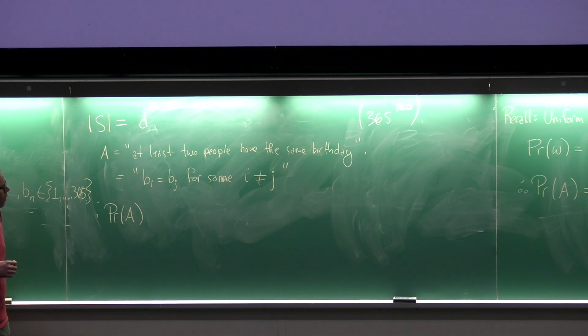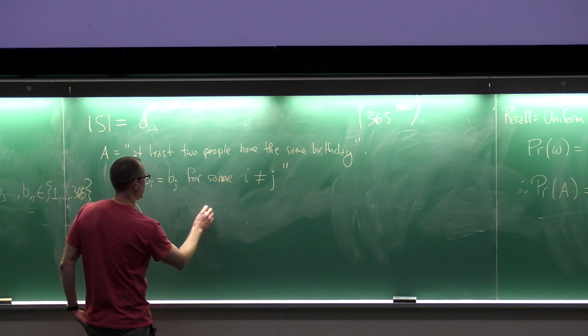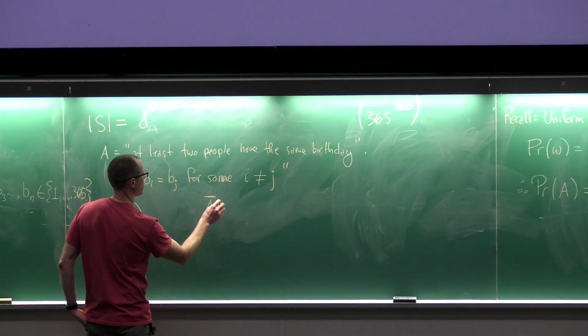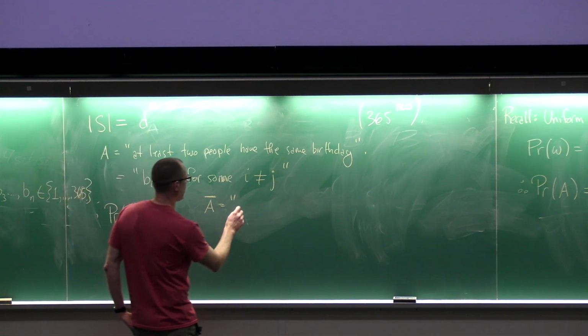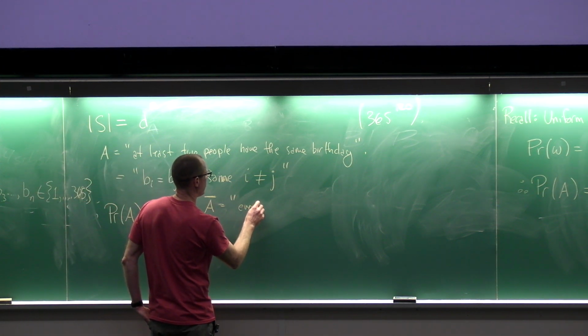Do you think that there's an easier related probability that we could compute that might be simpler? Yeah? There are no people having the same birthday. Yeah. So let's look at a complement, which if we read it out loud, that would be everybody has a different birthday.